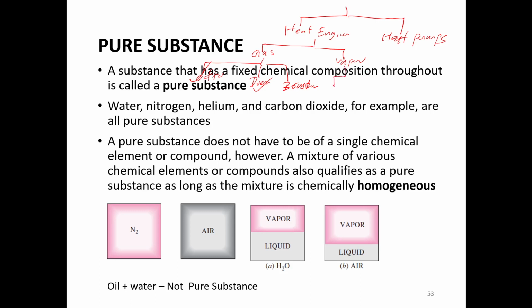So we start with the Carnot cycle, then the Rankine cycle, and then we are going to extend the Rankine cycle to the reheat cycle and regenerative cycles, right?